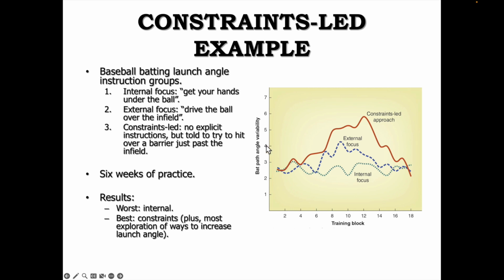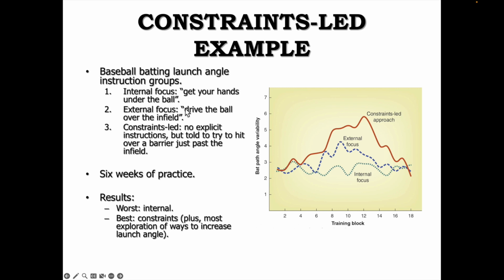So here's one example of what a constraints-led approach might look like. We've got this baseball hitting group, and they're looking at the launch angle of the swing of the bats. In this particular experiment there were three different groups.